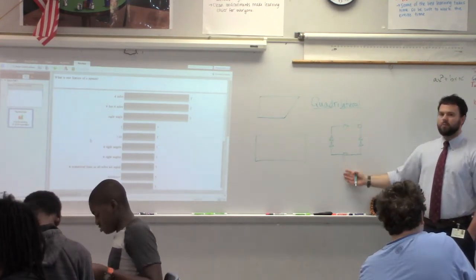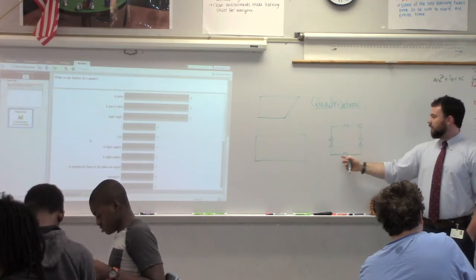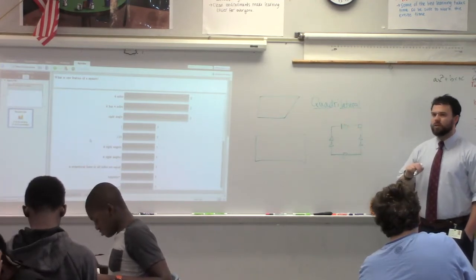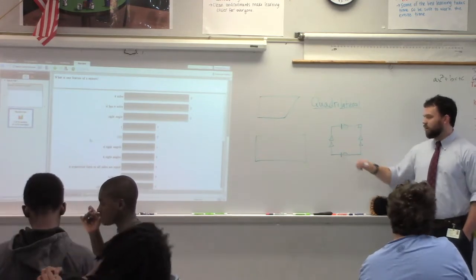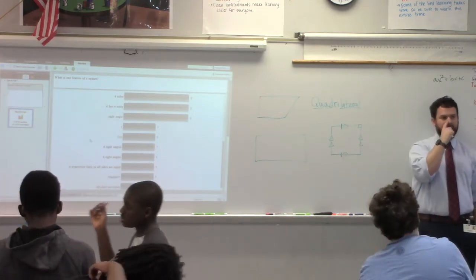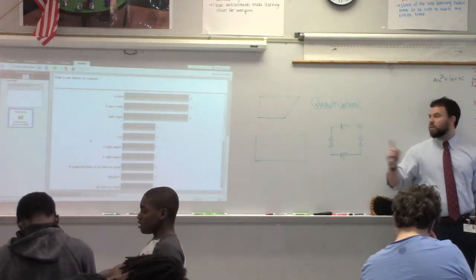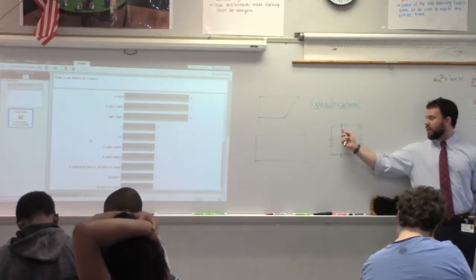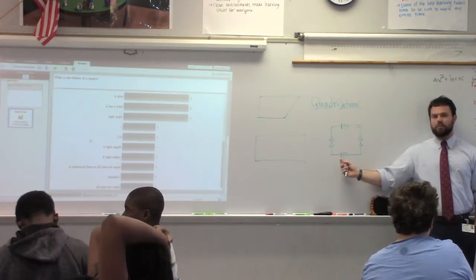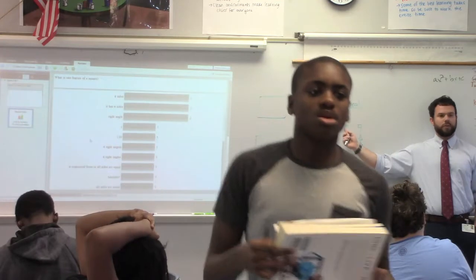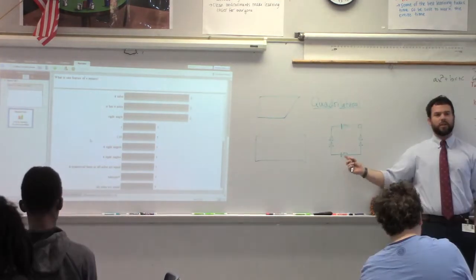This triangle, indicating parallel, to indicate that they are congruent, we use a tick like this. A single line like that goes through the side. It's perpendicular to the side. So if you see that, we're indicating that they are, what again? Congruent. We'll talk about the difference between congruent and equal in a second.